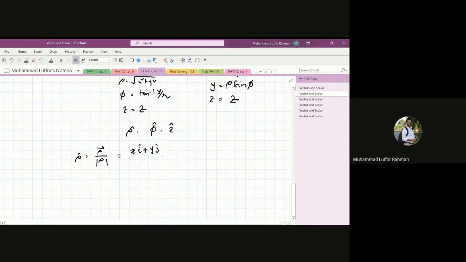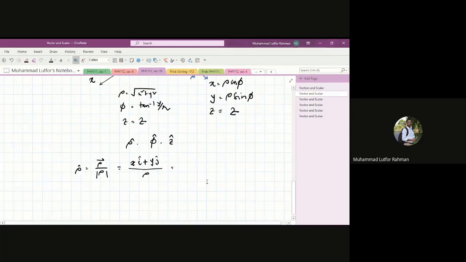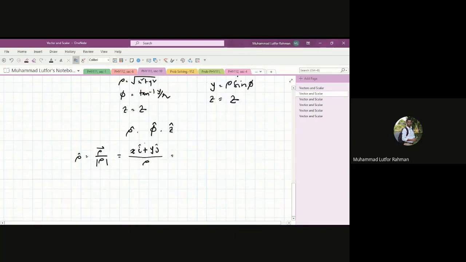So divided by rho, I kept the magnitude because that could be negative. Then in that case, x is rho cos phi, sorry, not theta. The angle is phi for this case. So rho cos phi i head plus rho sine phi j head, divided by rho.